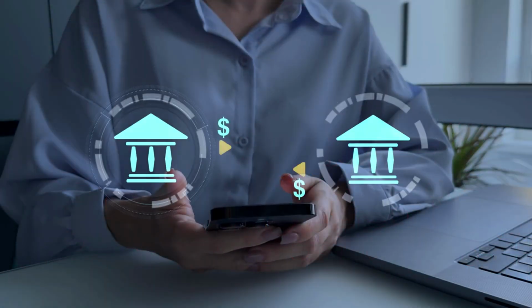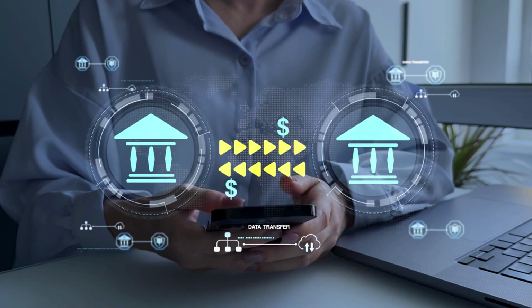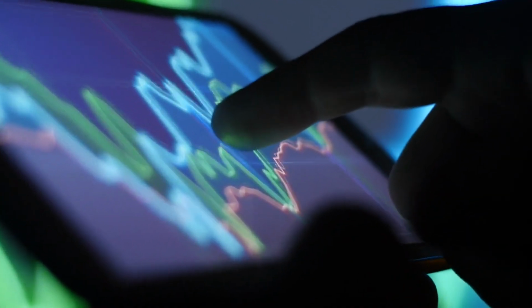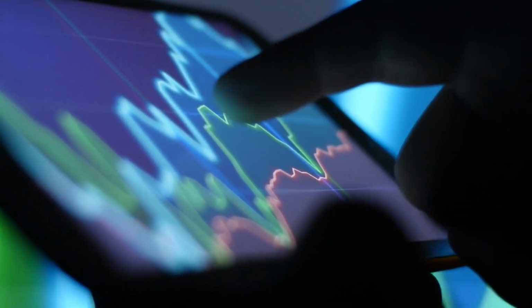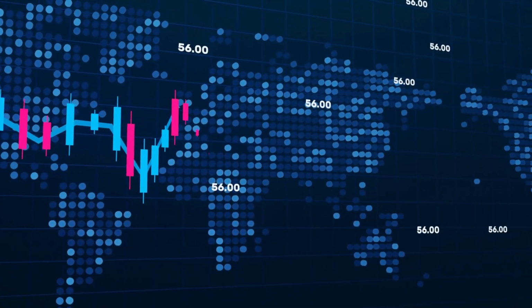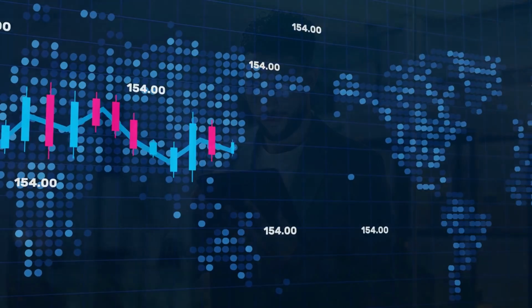Investors should only use platforms that comply with financial regulations, offer transparent reporting, and provide strong security measures for cross-border investments. A long-term mindset is critical. International markets can be volatile in the short term due to political events or economic shocks, but historically, diversified global investing has rewarded patient investors over time.